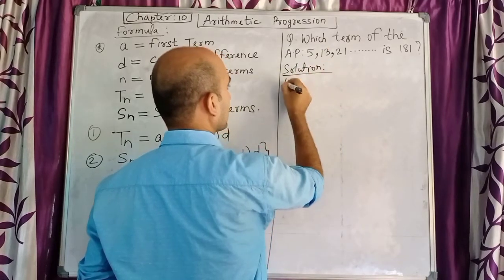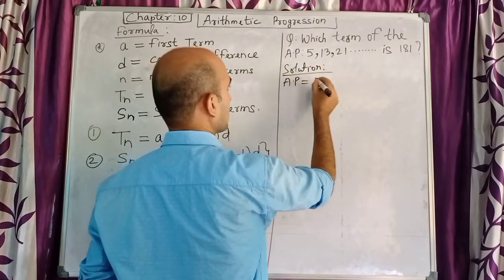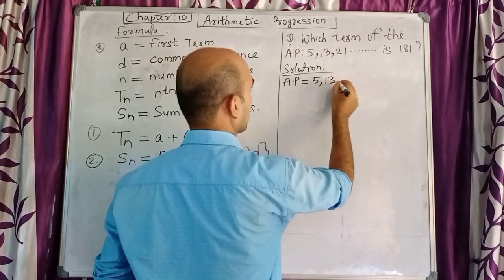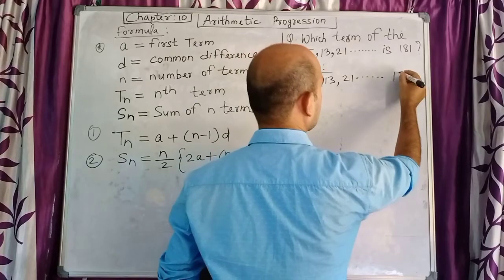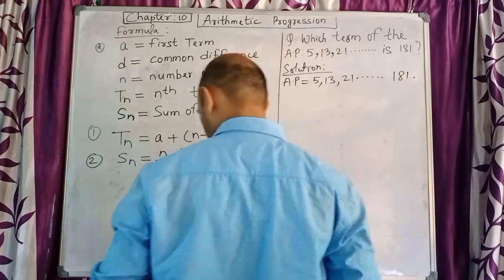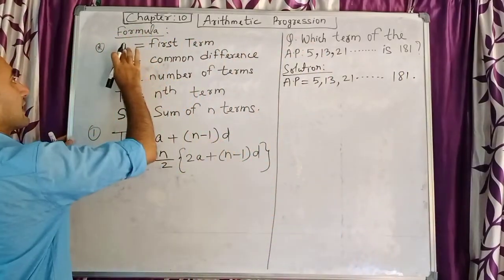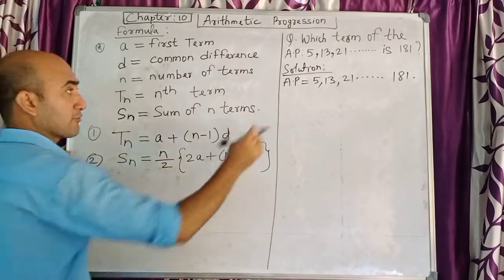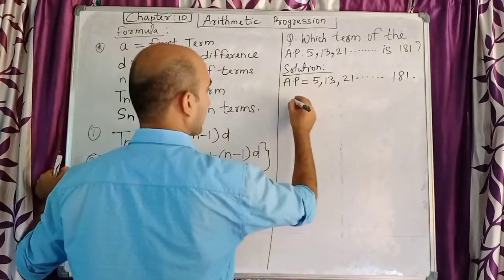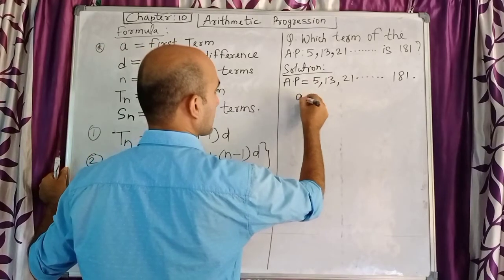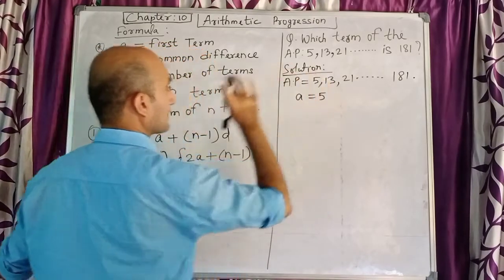The AP, arithmetic progression, is 5, 13, 21, and the last term I will explain later on. When I say A is first term, that means the first number of the AP is called A. So A is 5. 5 is called first term.